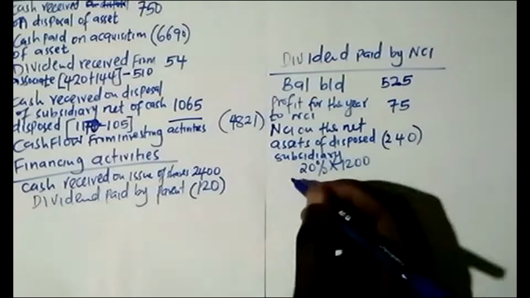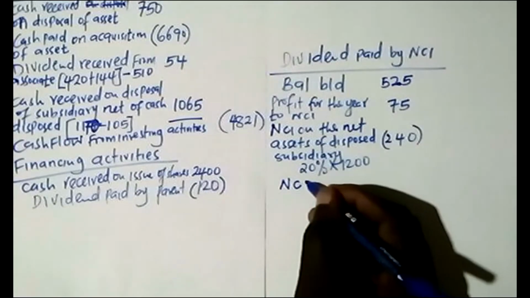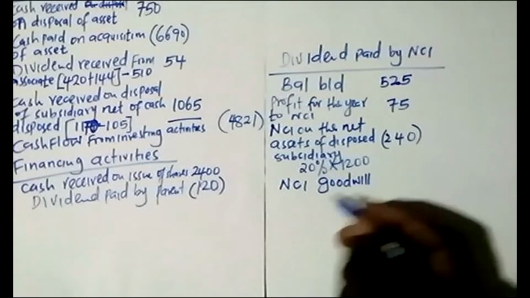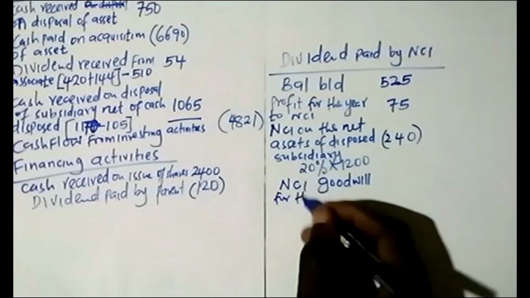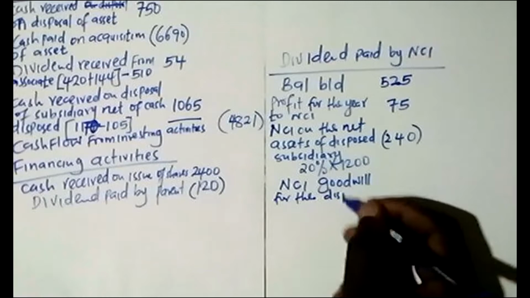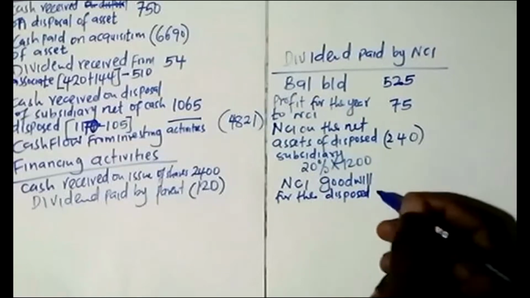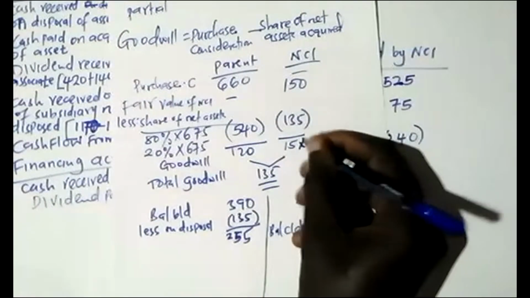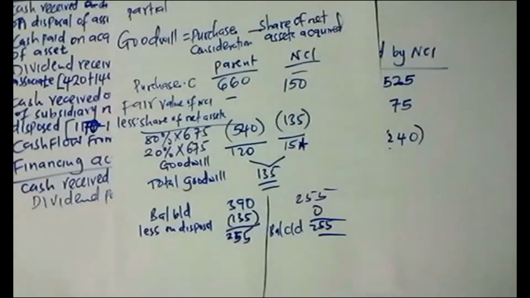Then after this, I have to raise the NCI goodwill for the disposed subsidiary. That one we did, and we got 15. To determine that, you have to use the full method.